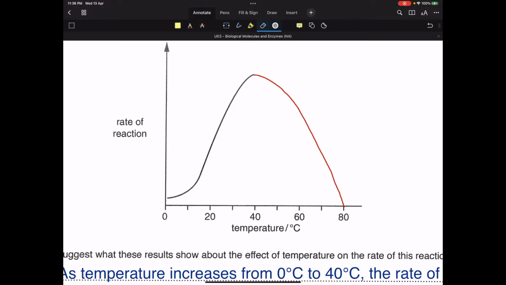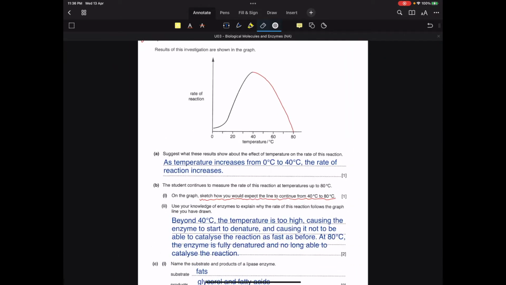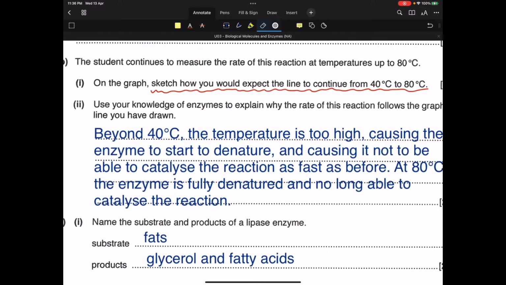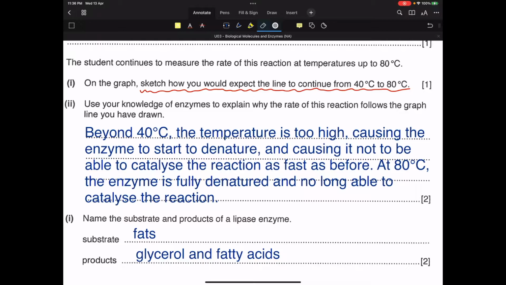You can tell that they're going to ask the next question on the denaturing of enzymes at higher temperatures already. Using your knowledge of enzymes, explain why the rate of this reaction follows the graph line you have drawn, which means they only want the answers from 40 degrees Celsius onwards all the way to 80 degrees Celsius.